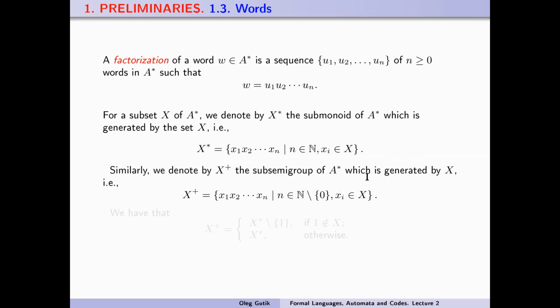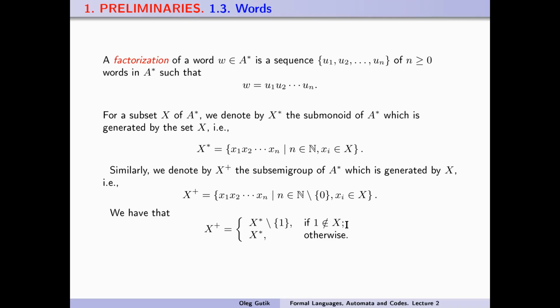Also, similar to the free semigroup over our alphabet A, we denote by X plus the subsemigroup of the free monoid which is generated by the set X. X plus consists of non-empty words x1, x2, and so on, xn, where each xi belongs to the set X. So in our case, X plus is X star without the empty word.